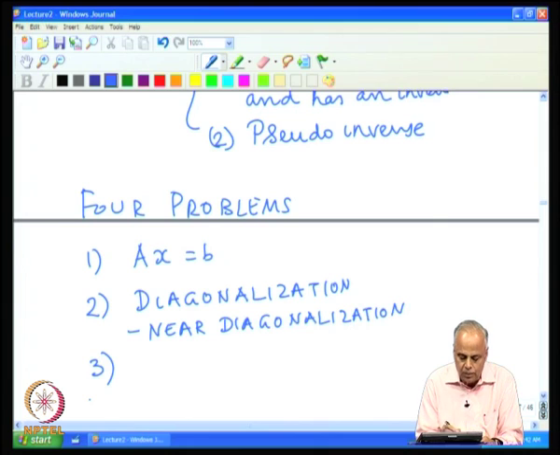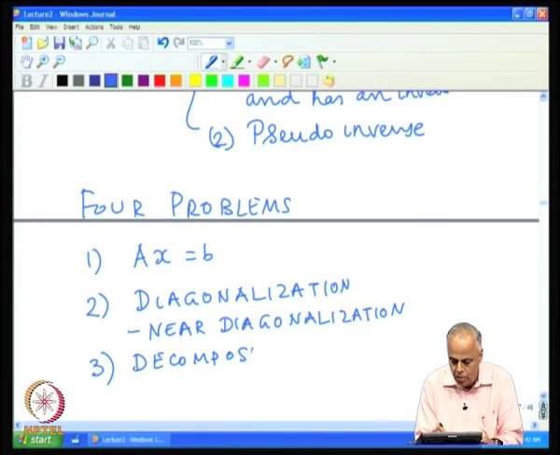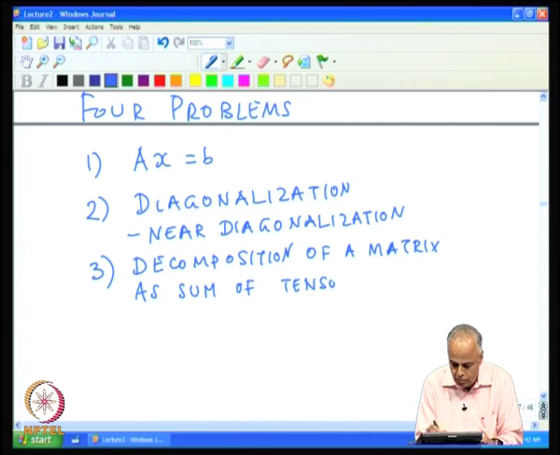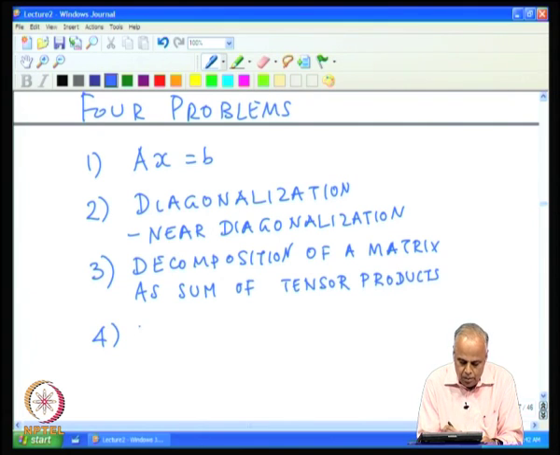Then we looked at the question of decomposition of a matrix as sum of tensor products, and finally, the notion of the pseudo inverse.